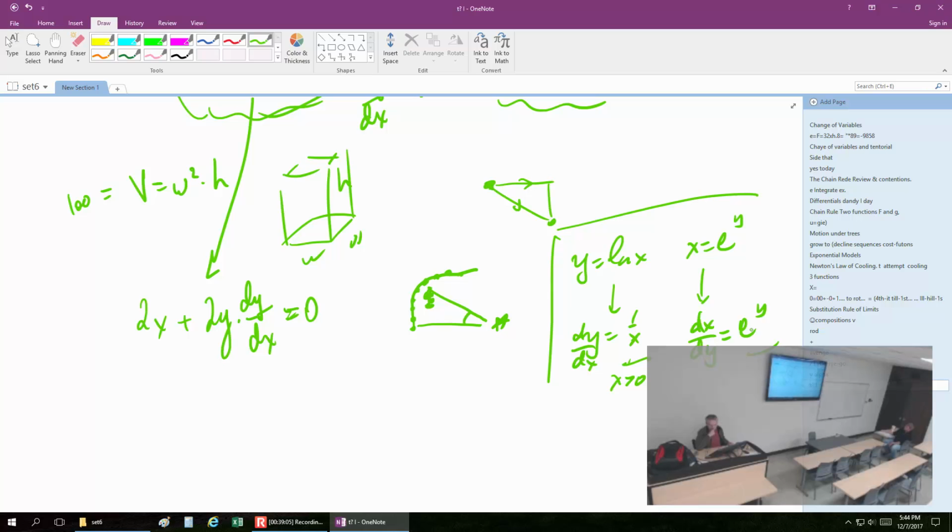So you just substitute one into the other, and it should work out. Why doesn't it work out? 1 over x is 1 over e to the y. Okay, I need to express it in terms of y. And then you flip it upside down, because remember where the flip comes from.